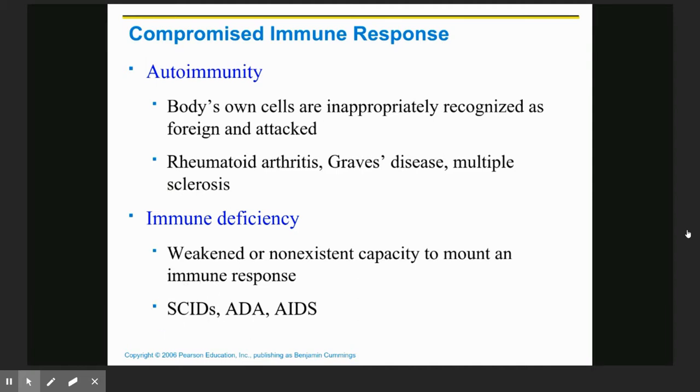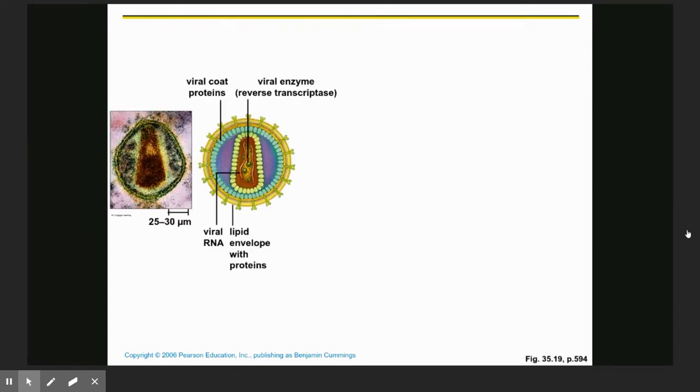But you can also acquire an immune deficiency. An acquired immune deficiency means you're not born with it. You get it later in life. And that's where this comes into play. This is caused by a virus. And the virus is HIV.